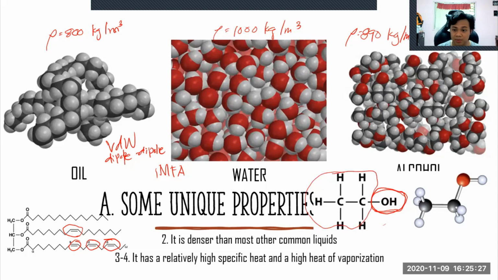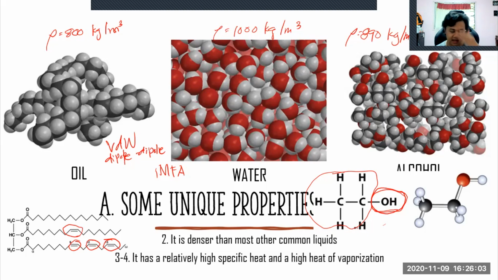As you know, water is a polar molecule, and alcohol has a polar part and a non-polar part, and that contributes to its IMFA. So it has a dipole-dipole moment, and also the hydrogen bonding, so you can easily stack these together. That's how it is explained using the density. It's because of their IMFA.